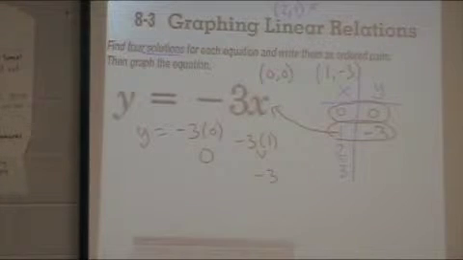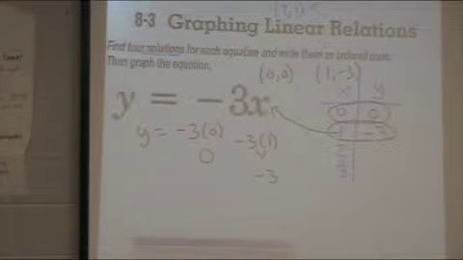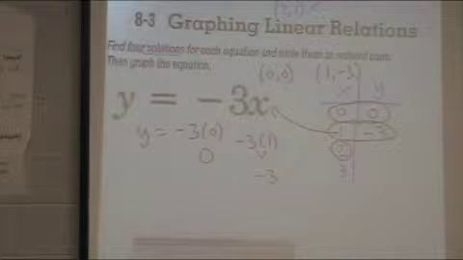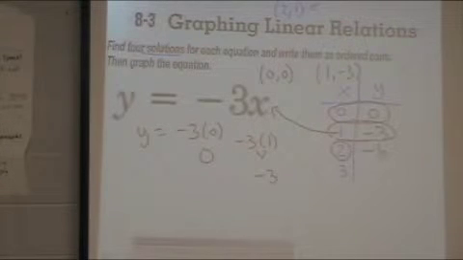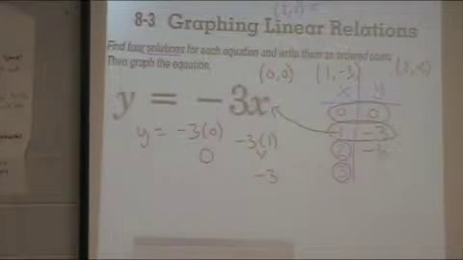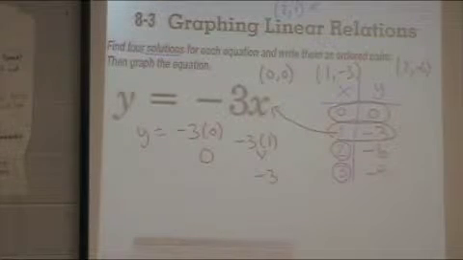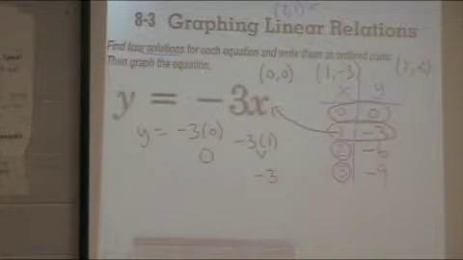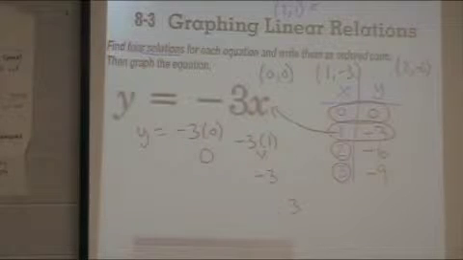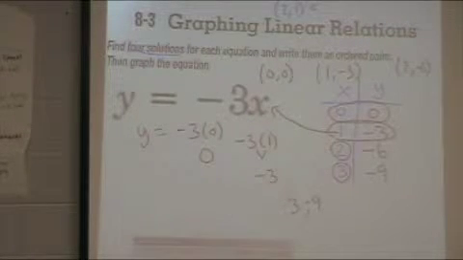Now our third one is going to be negative 3 times 2, which is negative 6. So our third solution is (2, -6). And our final solution is going to come from negative 3 times 3, which is negative 9. So our final solution is (3, -9) as an ordered pair.